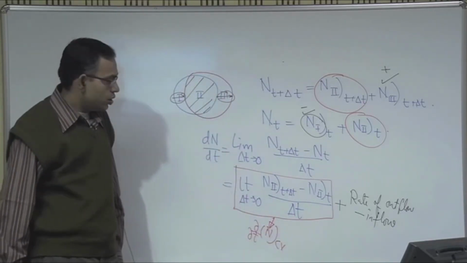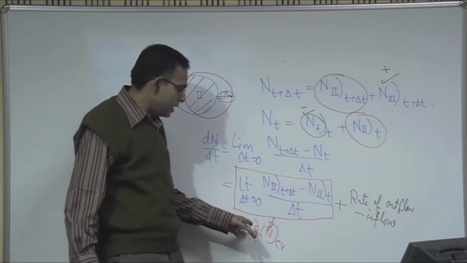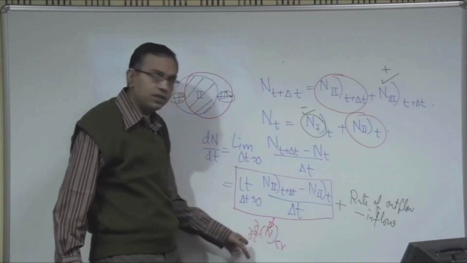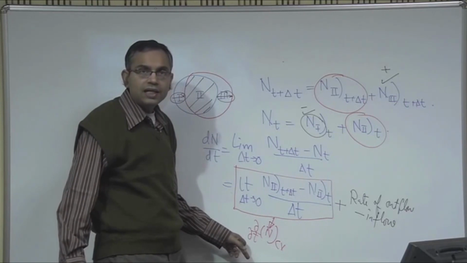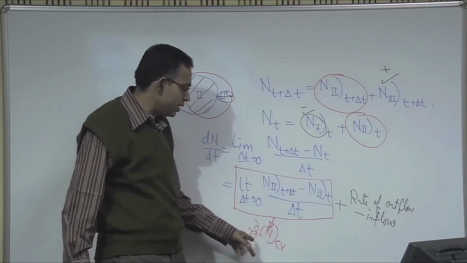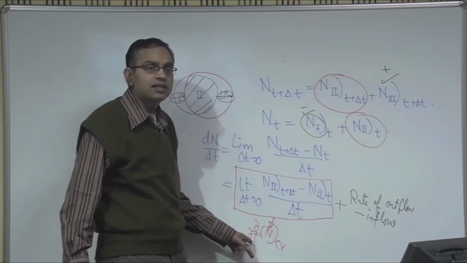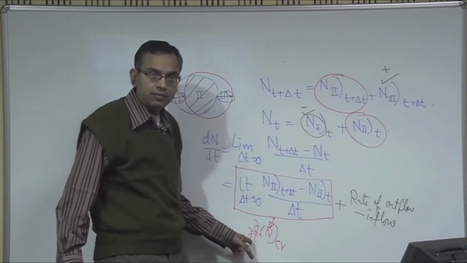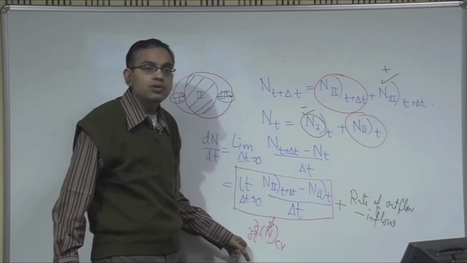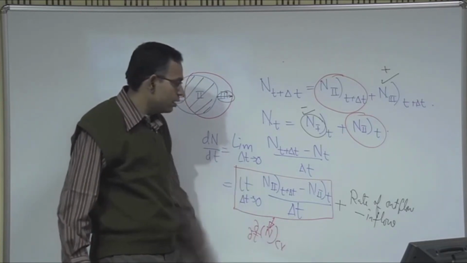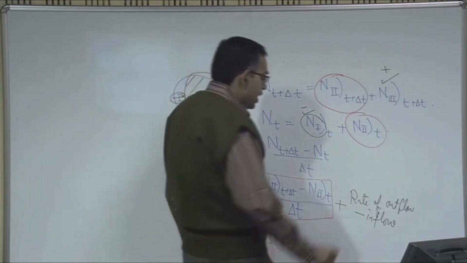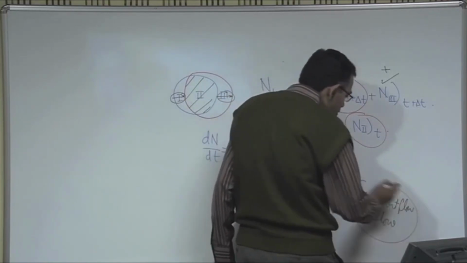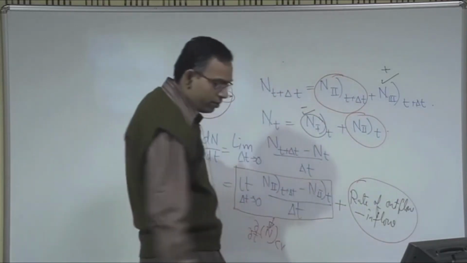Why do we write it as a partial derivative of N with respect to time? We write it as a partial derivative because at a fixed location we are studying the change with respect to time. Now the next question is how to express the outflow minus inflow.